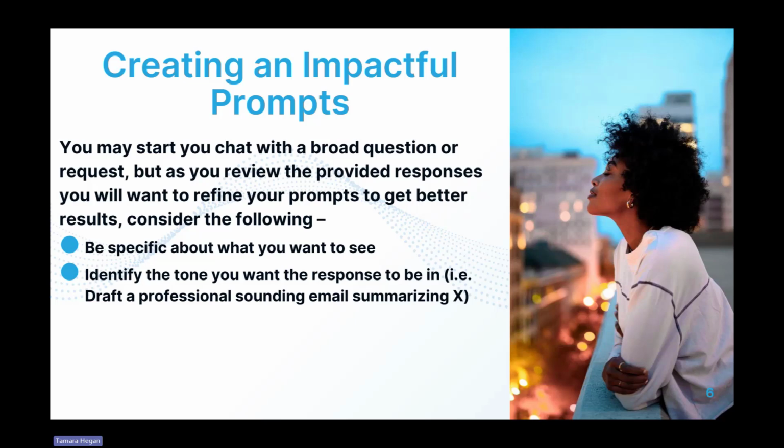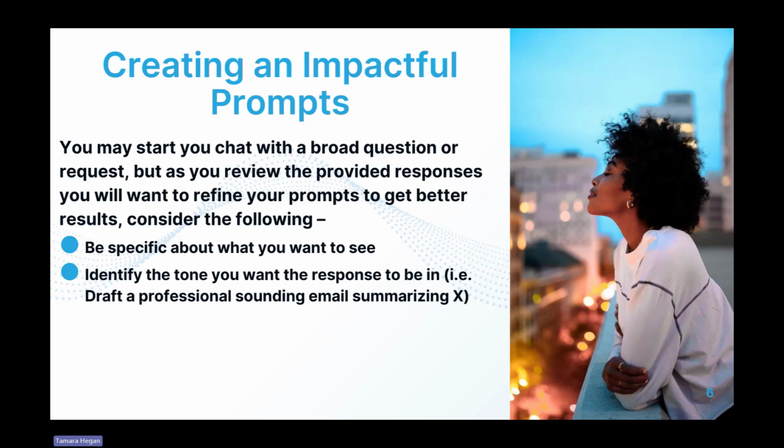Some different AIs have different sorts of personalities that you can apply, and you can customize Copilot in that way. But if you specify in your prompt how you want it to respond, it's going to learn from you. And over time, it's going to automatically start to talk to you in the tones that you prefer or produce things that you prefer.